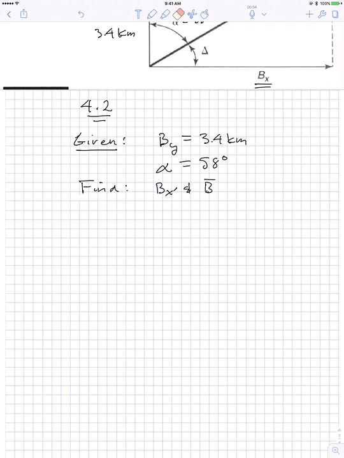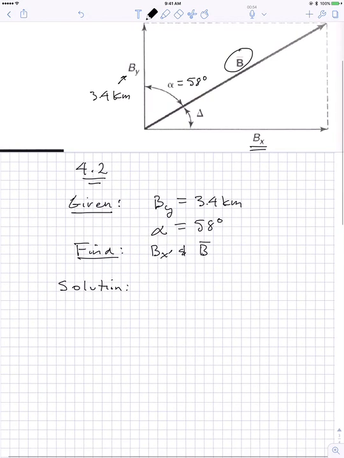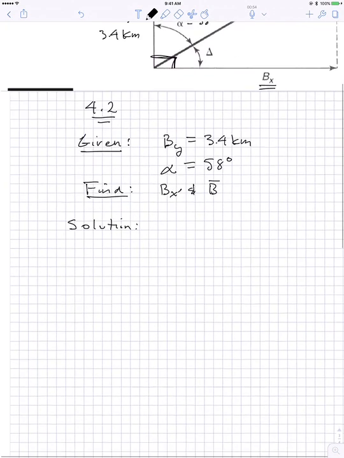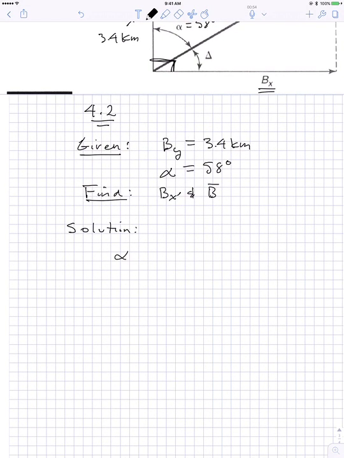All right, so we now have the given and the find. Now we're looking for the solution. What I'm looking for is for you to identify the proper theory. We notice that this is indeed still a right triangle, and so we have that alpha plus delta is 90 degrees.